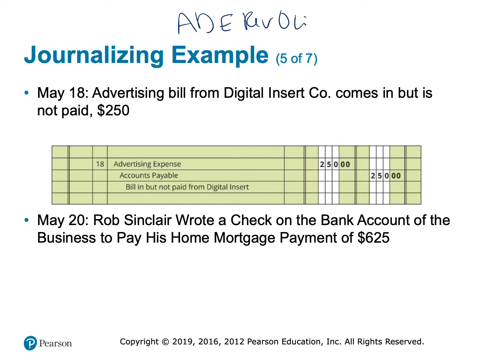But it is bad business form to just write a check from your business account to pay for your mortgage. But apparently Rob's accountant hasn't told him that yet. I'm sure Rob's accountant will tell him that. But right now, Rob has withdrawn some money from his personal capital account to pay his personal expenses.